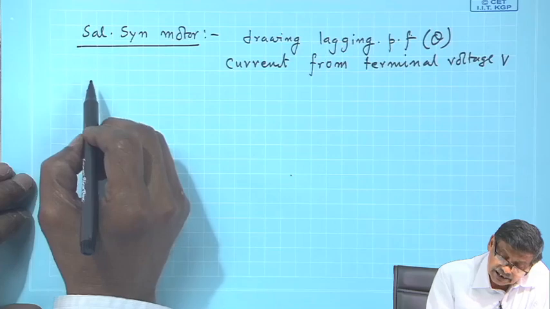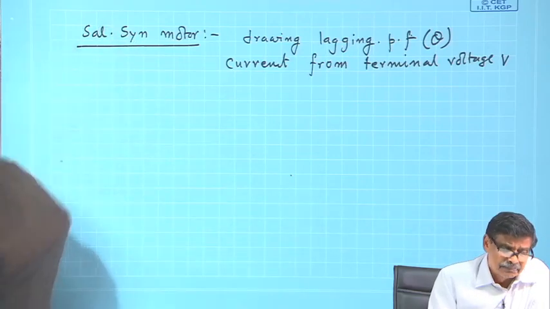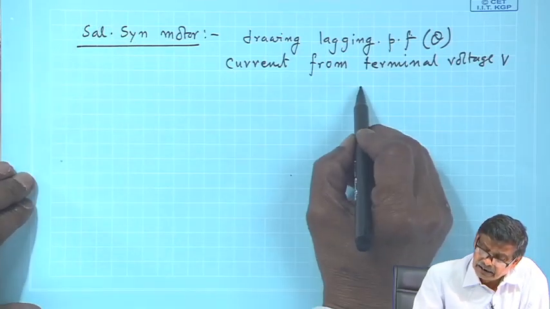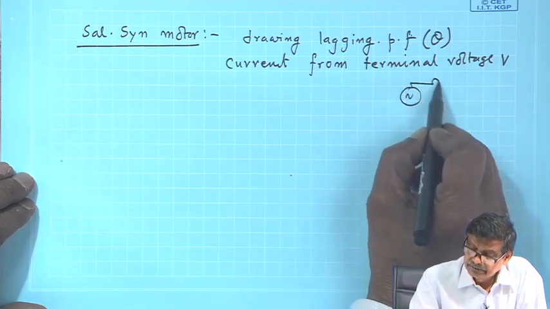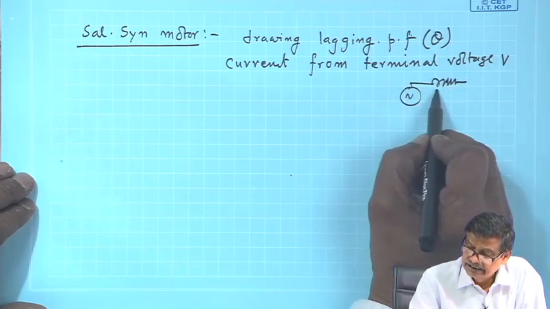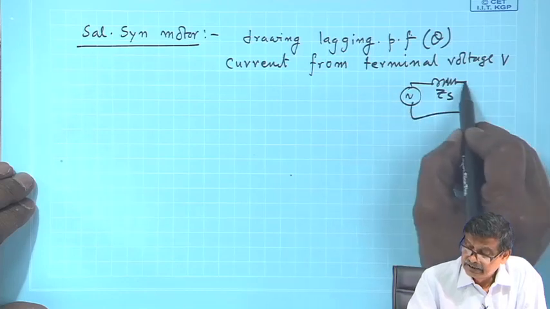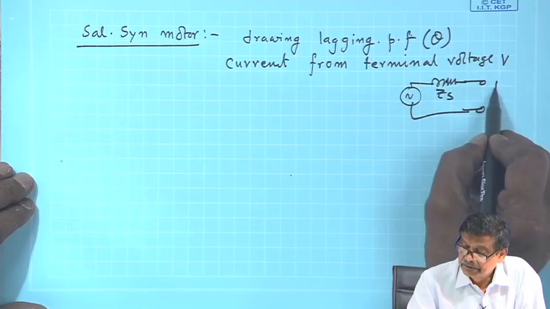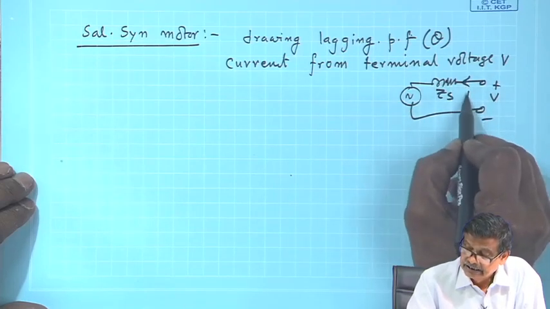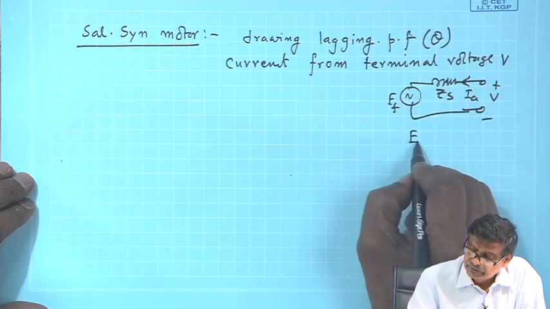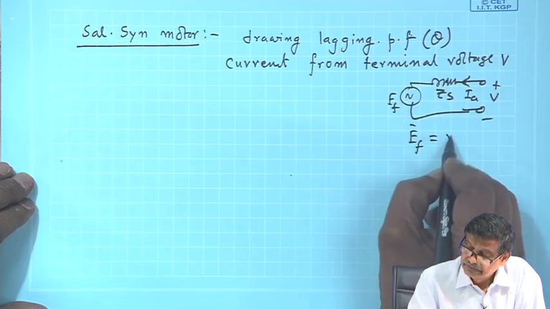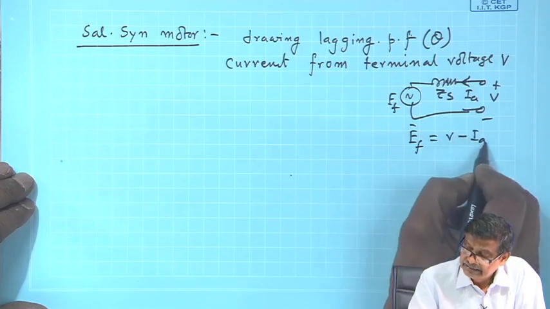Now, in case of generator, in case of cylindrical machine, I drew it like this, but in this case we cannot draw. So, this is the Z S, but the convention I am reminding you, this is V, this is I A, and this is E f, and we wrote E f is equal to V minus I A Z s.